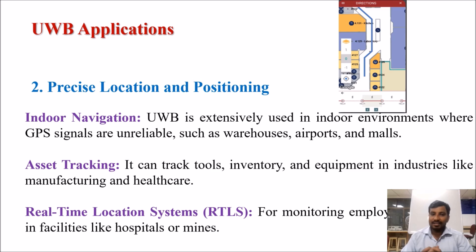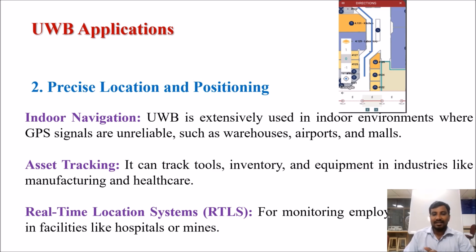The next application is precise location positioning. We may look at indoor navigation, where UWB is extensively used in indoor environments where GPS signals are unreliable, such as warehouses, airports, and malls. The next one is asset tracking, for example at industry sites, where people may want to count the number of equipment, tools, or inventory, and also in healthcare centers.